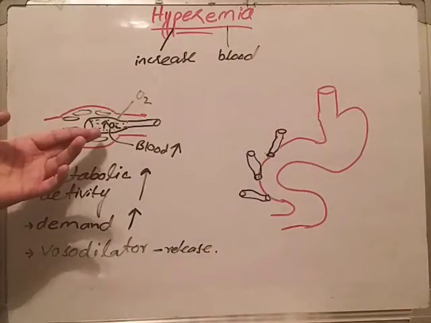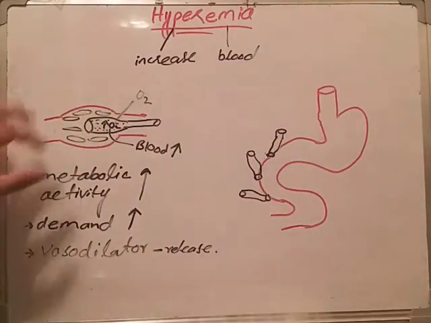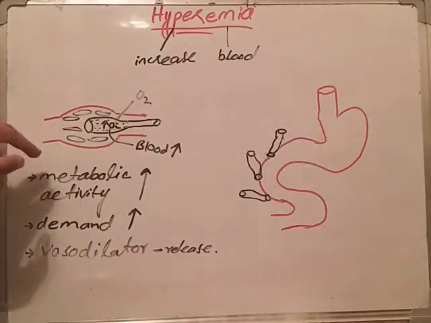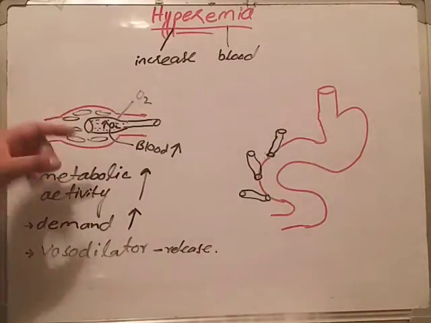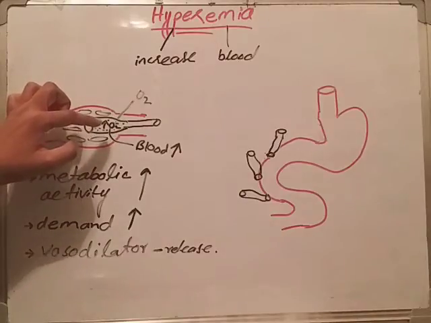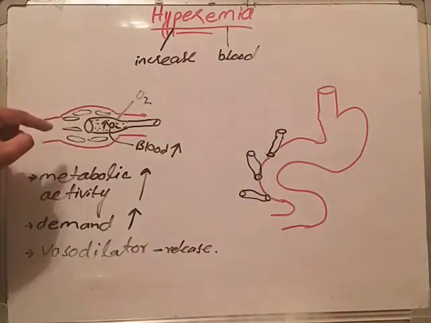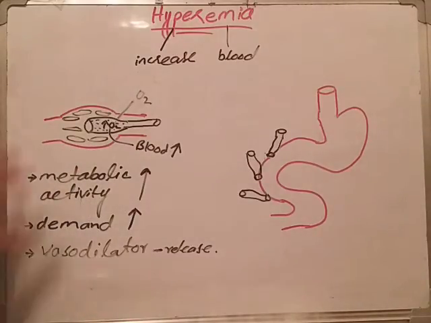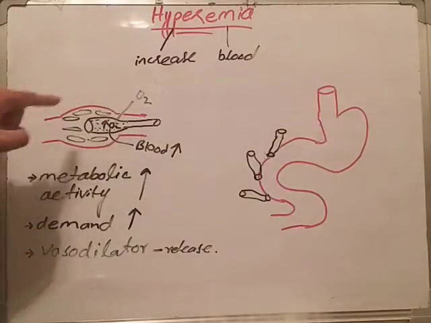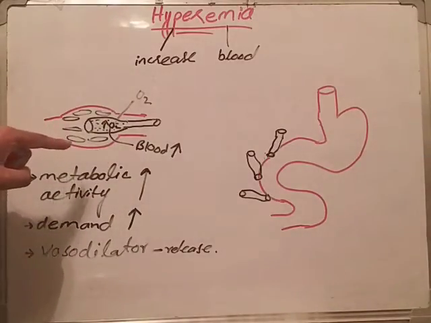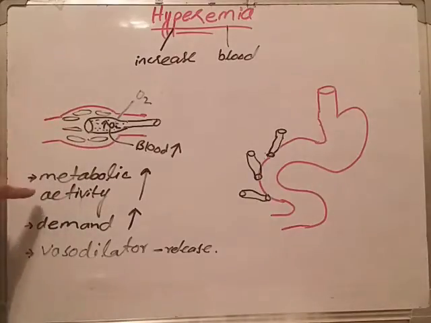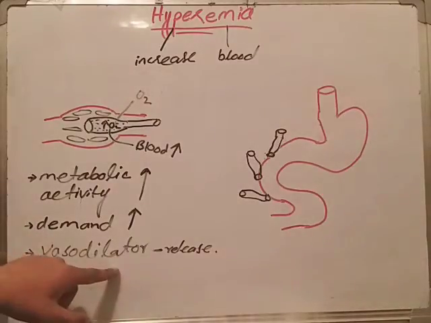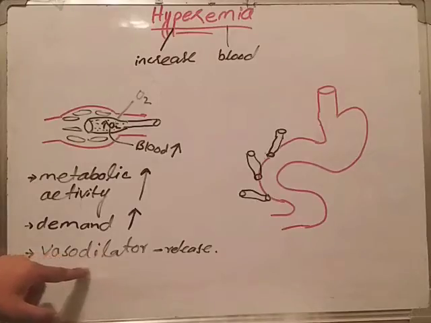If we consider, for example, that 2 liters of blood is flowing here normally, then in the hyperemic condition the blood flow increases, so that 2 liters may reach 3 liters. This is what we call hyperemia, and this hyperemia is due to rapid metabolic activity, increased demand of oxygen, and the release of vasodilators to fulfill the demand of oxygen.